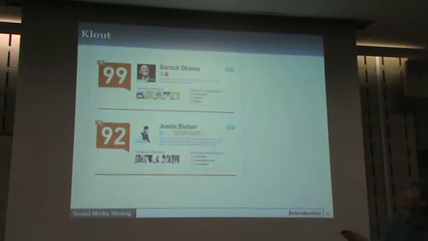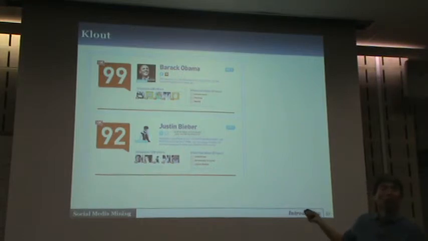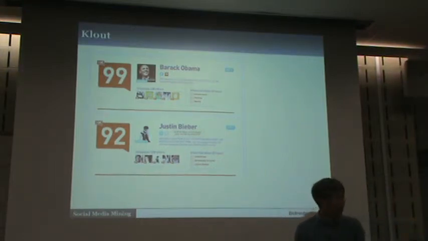So Justin Bieber is a 92 and Barack Obama is a 99, the most influential user. Also, if you have a new algorithm to measure the influence of a social media site, you can apply your algorithm and compare your results with this kind of website.